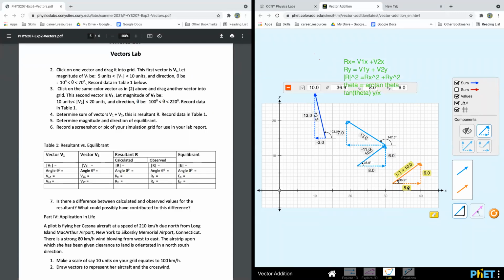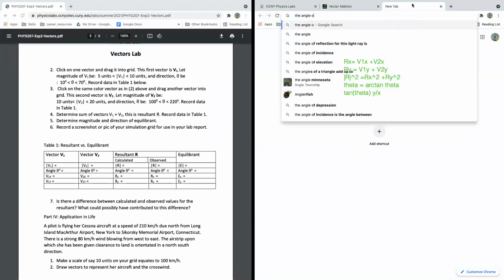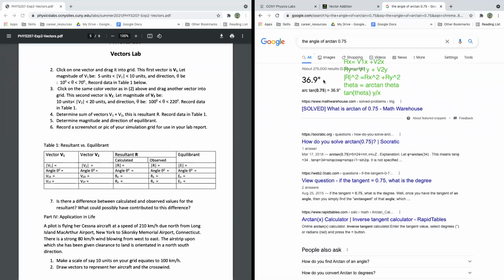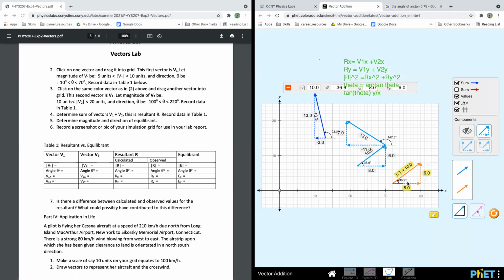It's 3 over 4, which is 0.75. You can just Google it. It's 36.9. So you know how I calculated the theta, the angle: y over x, then you search arctangent.